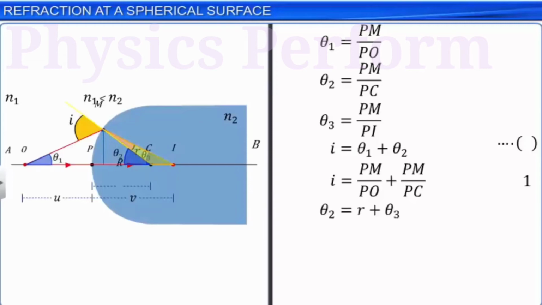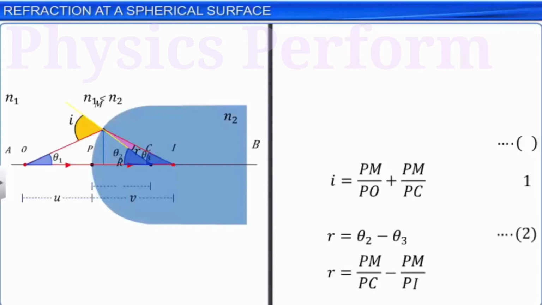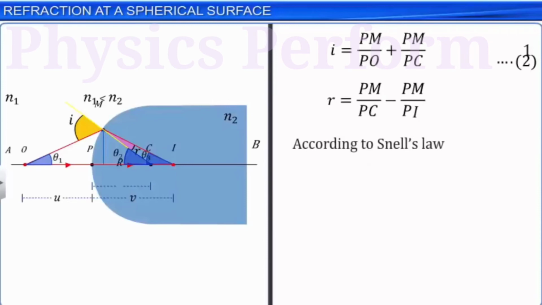Therefore, N1 sin I is equal to N2 sin R. For small angles, this can also be written as N1 I is equal to N2 R. On substituting the values of I and R from equations 1 and 2, and after further simplification, we get N1 by PO plus N2 by PI is equal to (N2 minus N1) by PC. Let this be equation 3.